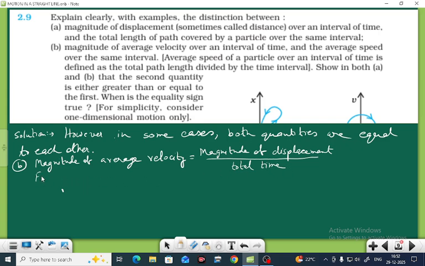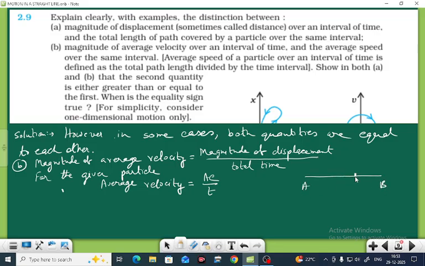For the given particle, average velocity is equal to AC by T. For this figure, we already told you from A to B and B to C. This is C. So average velocity will be AC by total time taken, right?